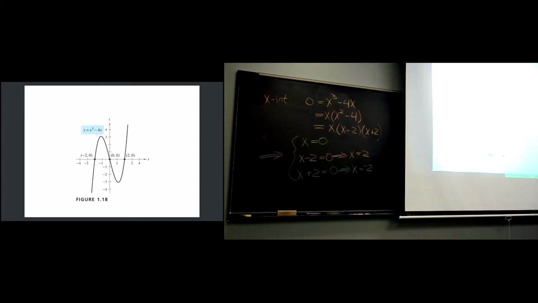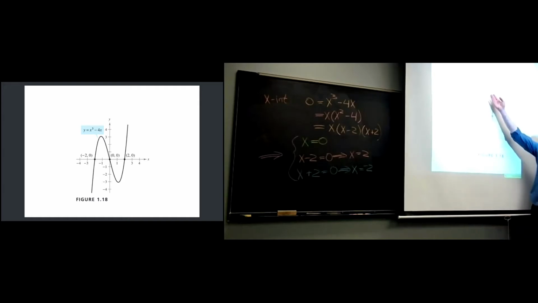And what this allows us to do is anticipate what this graph is going to look like. We know we're going to have to go through the x-axis 3 times and the y-axis once. So if we go ahead and graph just those 3 points, we can automatically assume that this is going to look something like a cubic as far as the graph is concerned, which is exactly what we had, right?